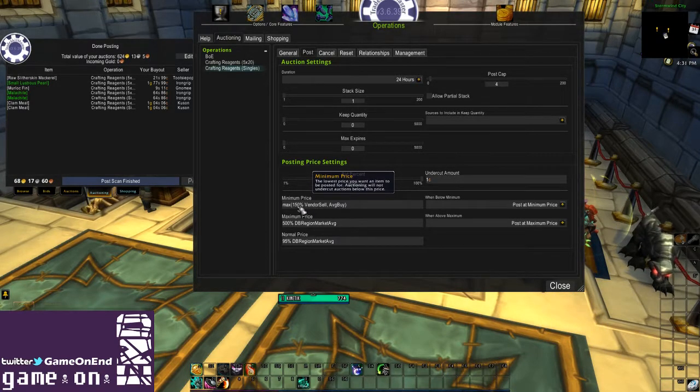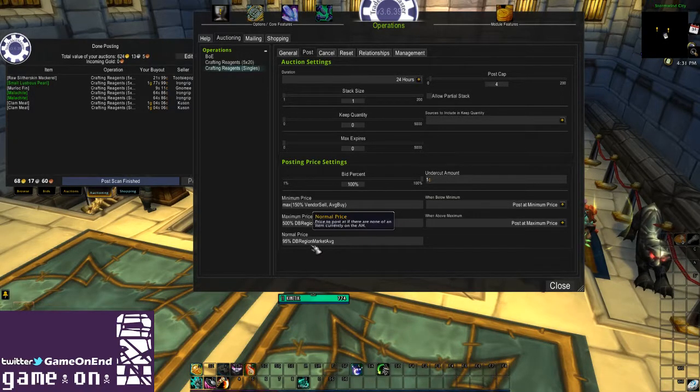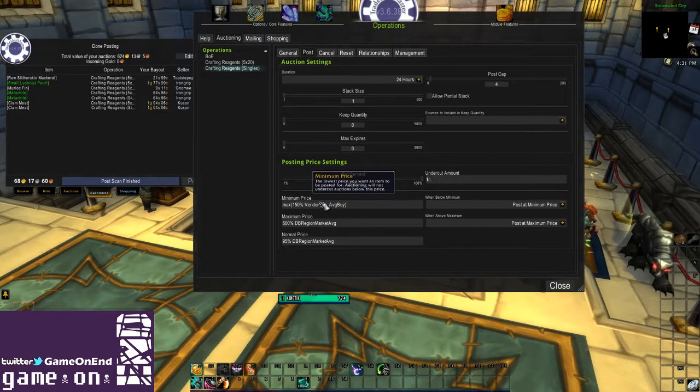But we may be willing to buy these items, which would then start filling in an average price here, for some percentage of the market price. So if our normal pricing here would be, say, 95% of the region market average price, then maybe we could start with that.